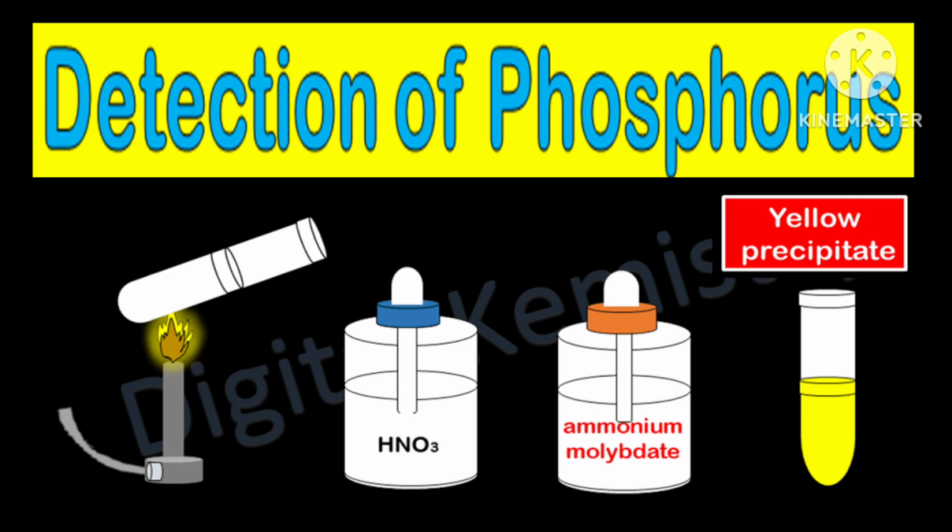Now I am going to tell you about the test for phosphorus. How will you do the test for phosphorus? The last test is the test for phosphorus. The compound is heated with an oxidizing agent.